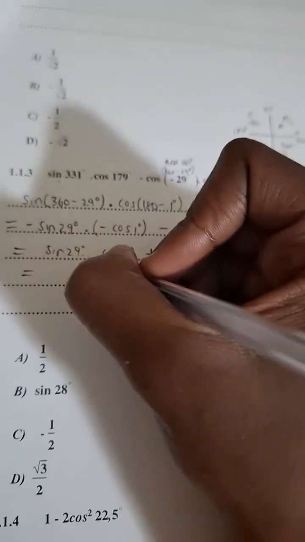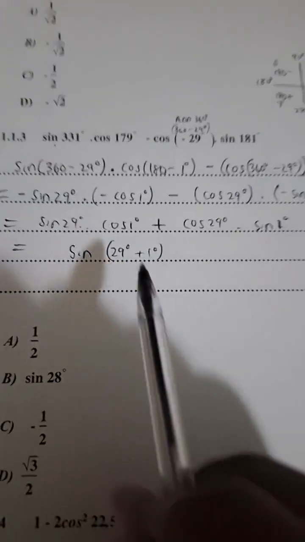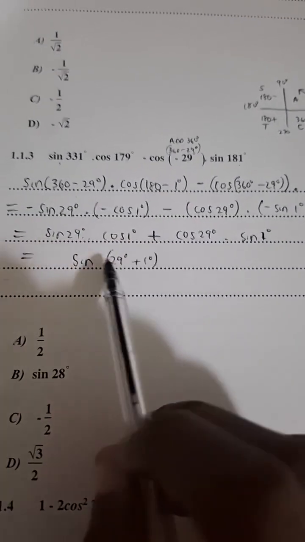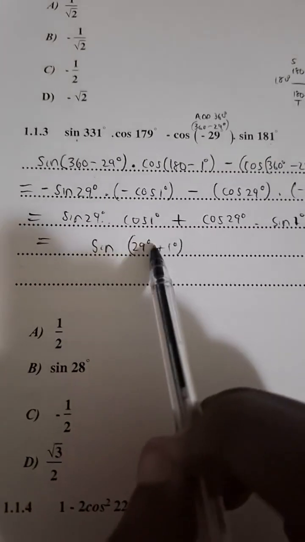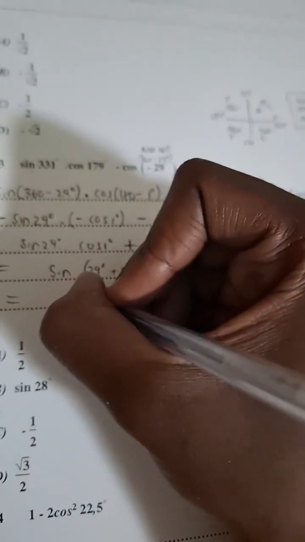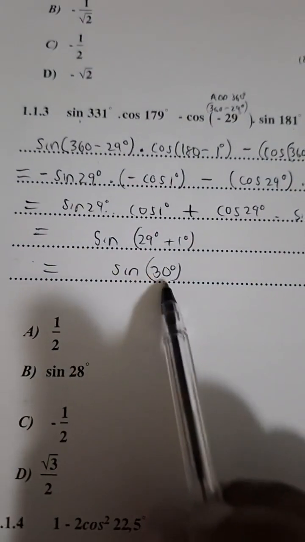So it is the addition of the sine. Let's write this as sine in brackets 29 degrees plus 1 degrees. The signs are the same. Then 29 plus 1 can further be written as sine of 30 degrees. Oh wow, this is a special angle.